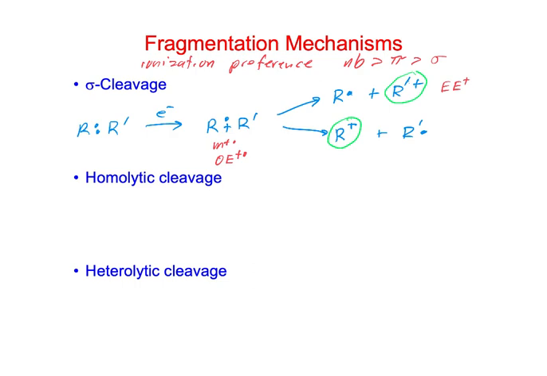We often see the loss of the larger radical. What we usually see is the most stable cation is formed.